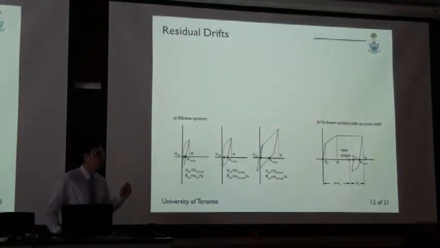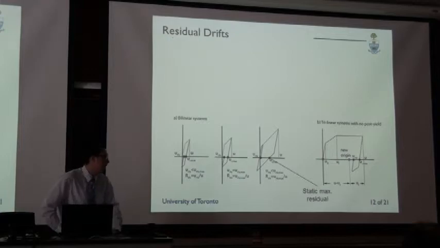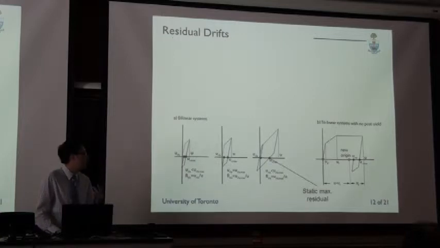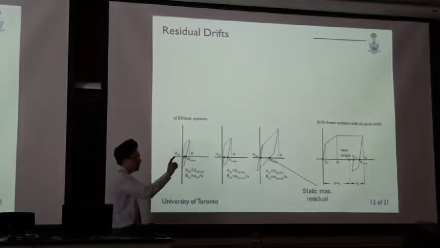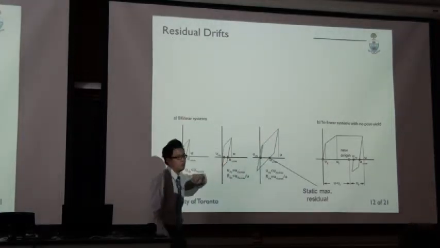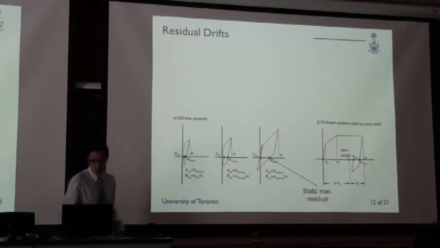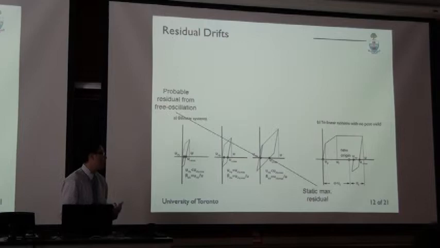If you stop the system and let it unload statically, you reach what's called the static maximum residual. This represents the absolute upper bound of residual drift. However, most systems have a tendency to oscillate away from that residual because there's some finite strain energy stored at that point. So the system will tend to oscillate inelastically, even without external excitation, into a residual drift that's called a free oscillation residual.